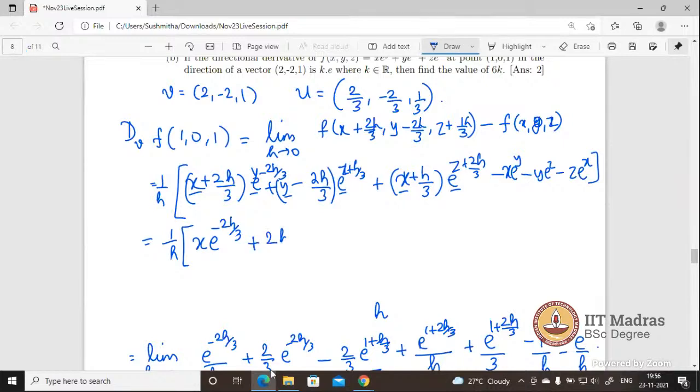plus 2h by 3 into e power y minus 2h by 3 plus y e power h by 3 minus 2h by 3 plus e power.